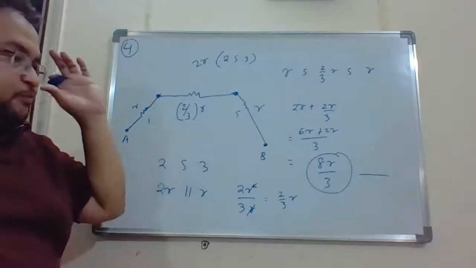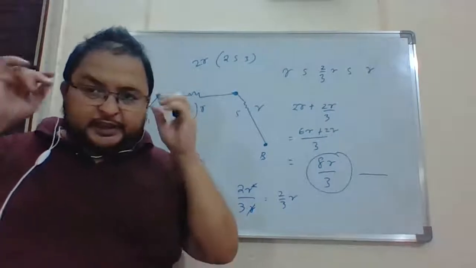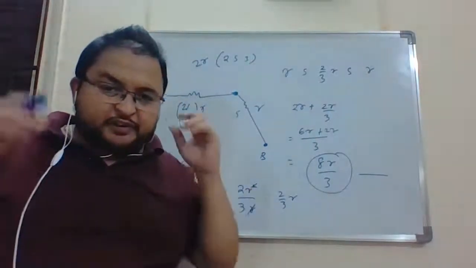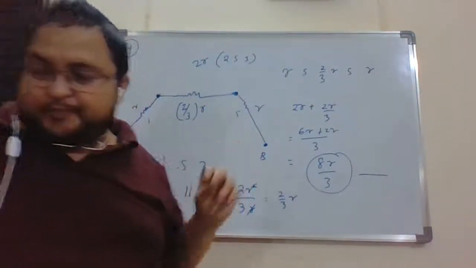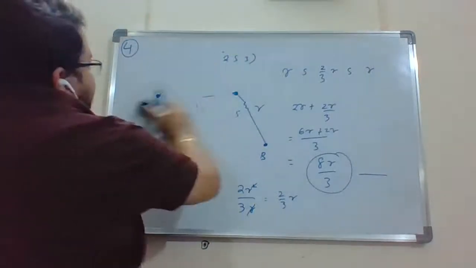Okay, so pretty simple. One thing which we should progressively understand is that though a circuit looks big, as we start finding the equivalent resistance, it starts shrinking. Okay, fair enough. Let's move on to our next practice problem.